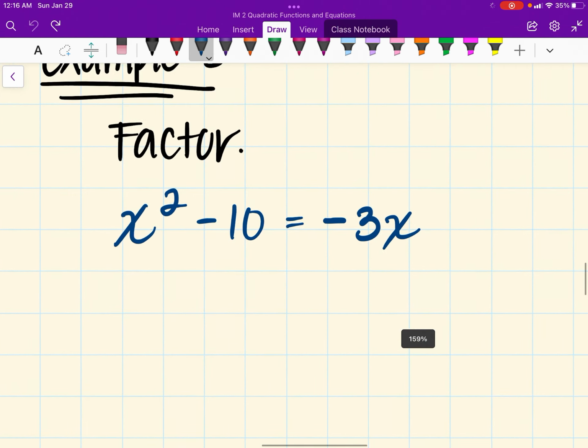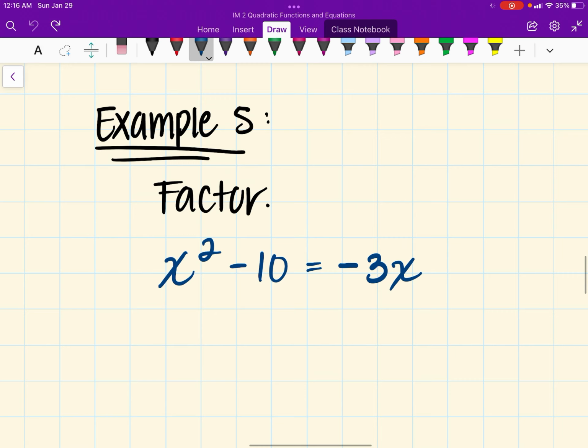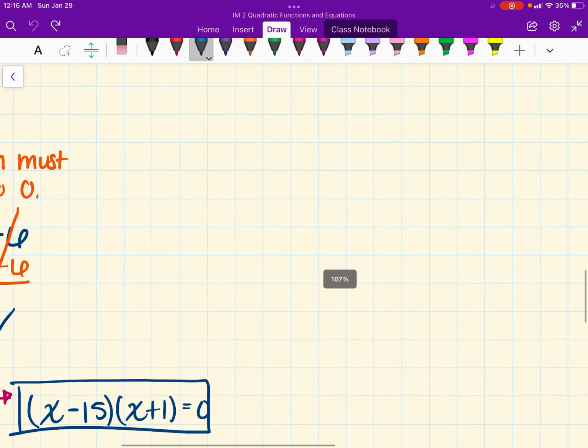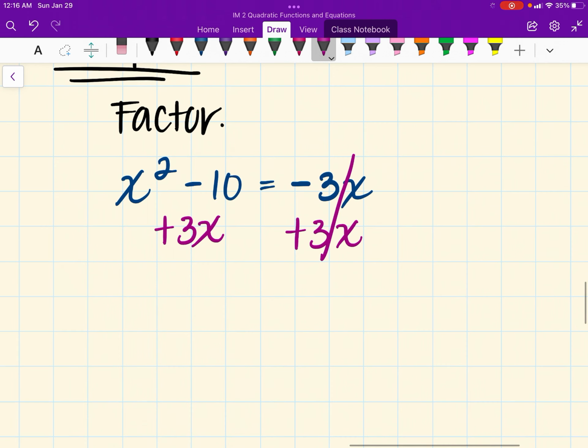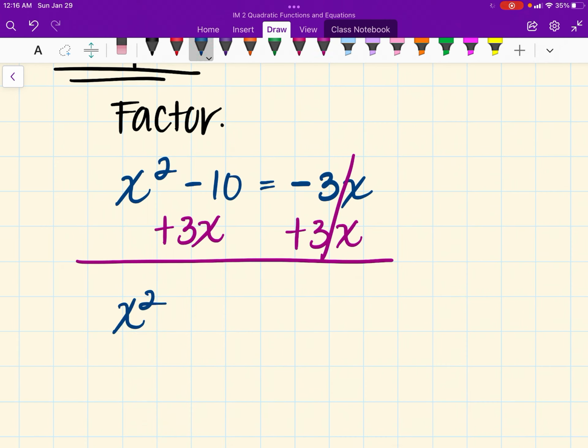But in this case, I want to go ahead and keep our leading coefficient here, which is x squared, positive. So because I want to keep it positive, I am going to be moving that 3 to the other side. So I'm going to go ahead and add a 3 and add a 3. 3x cancels. And that becomes, in this case, an x squared plus a 3x minus 10.